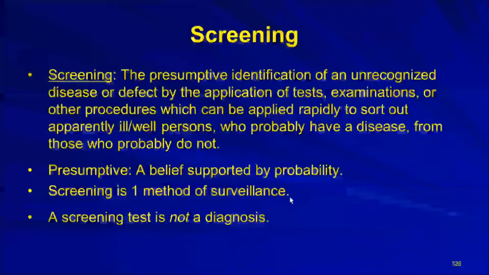And some screening tests, as we mentioned, are OTC, over-the-counter products. For example, we talked about a pregnancy test. And we have others that are sold and that you can purchase. Sometimes you'll use a blood pressure cuff when you go to the pharmacy and take your own blood pressure, and in that case you're doing your own self-screening to see whether your blood pressure is in the appropriate range or not.